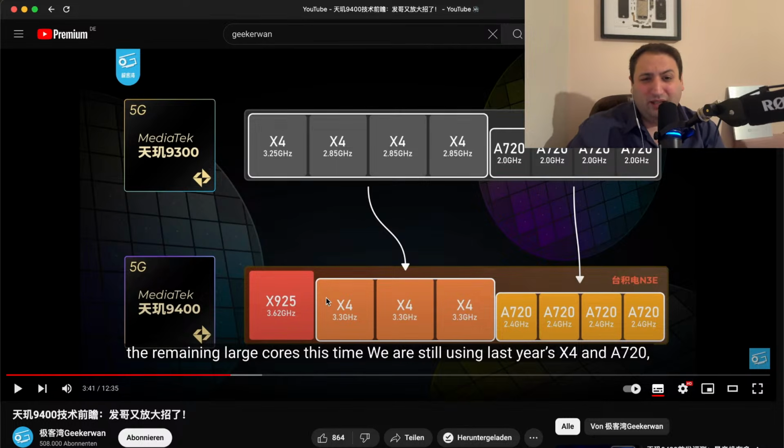In my opinion, they probably would have been better off just using 2 X925 cores and going from 8 cores to 6. I know that people will say, oh, you're only suggesting that because Apple is a 6-core design, but I think that would have been way cleaner. Of course, they don't use the latest efficiency cores.